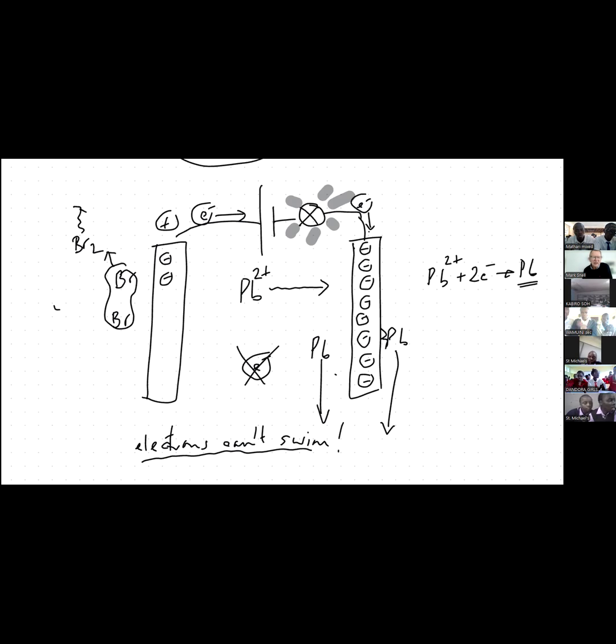These electrons then get pumped round by the battery to this side where they're being picked up. So let's look at that again. Br minus and Br minus lose their electrons onto here. Because they've done that, they are now not charged.